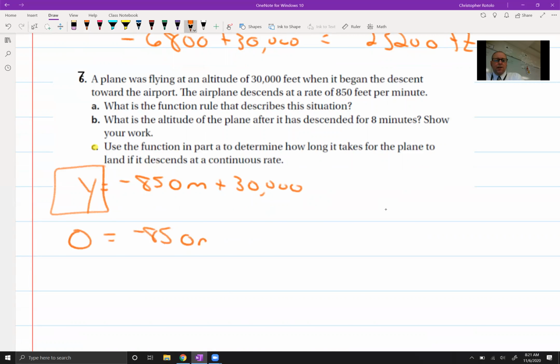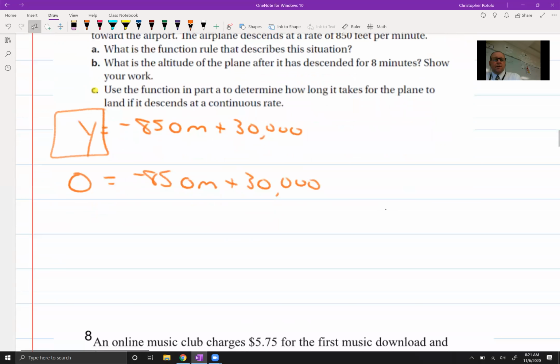If we continued at this descent of 850 feet per minute, we're going to find out how long until we end up on the ground. So we'll subtract 30,000, and then we have to divide by 850. It's negative over negative, so I'm going to leave those out completely. So I need 30,000 divided by 850.